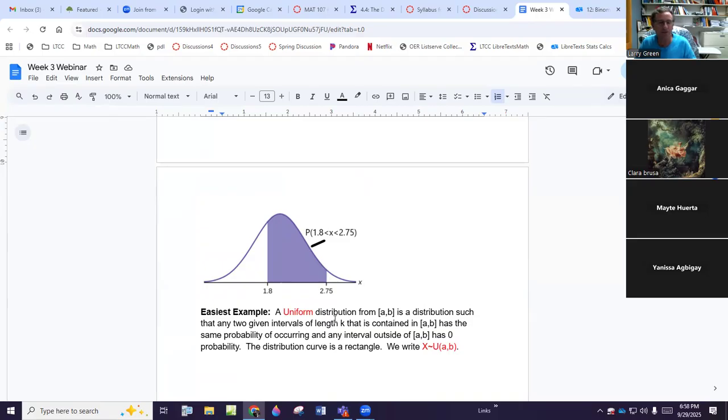Instead, you can draw a probability distribution, not a table, but a graph. For example, if you want to find the probability that it's between 1.8 and 2.75, you look at the graph and ask what is the area under the graph between those numbers?